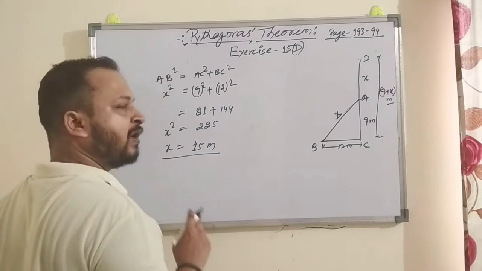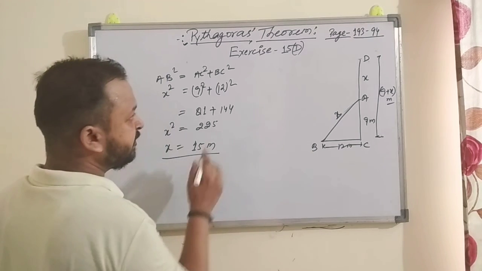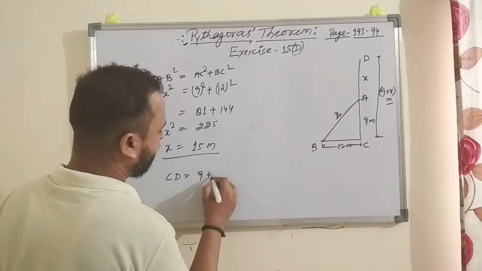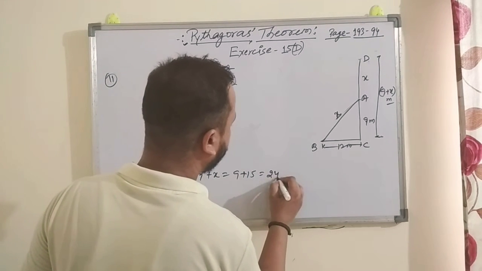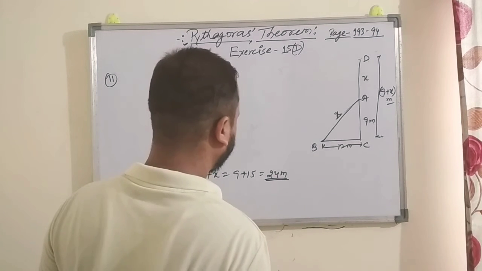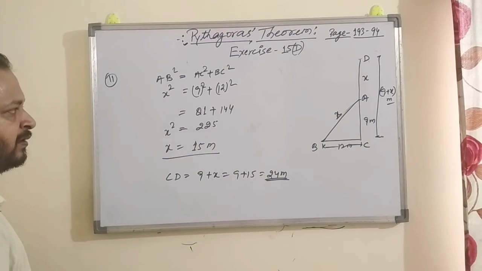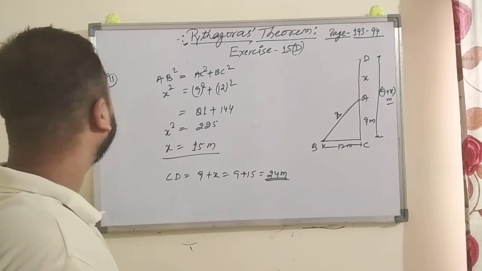You know that the square of 15 is 225. So if this is 15, CD, the height of the tree, is 9 plus x, that is 9 plus 15, that is 24 meters, right? So this is the answer.